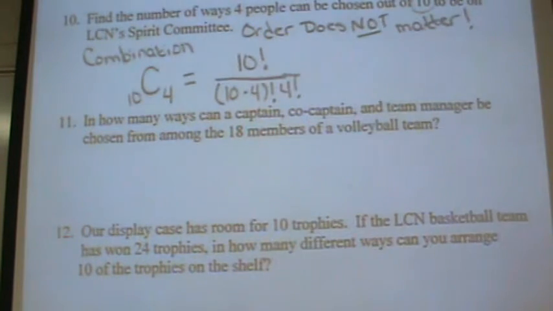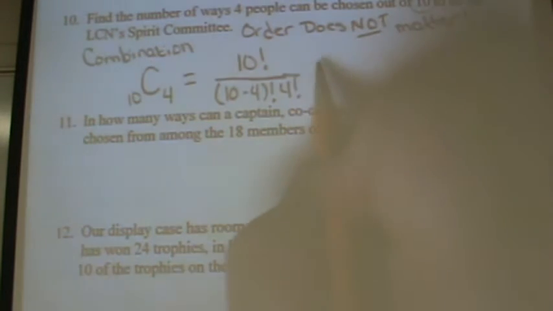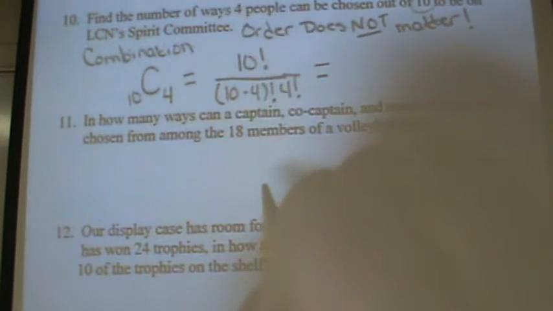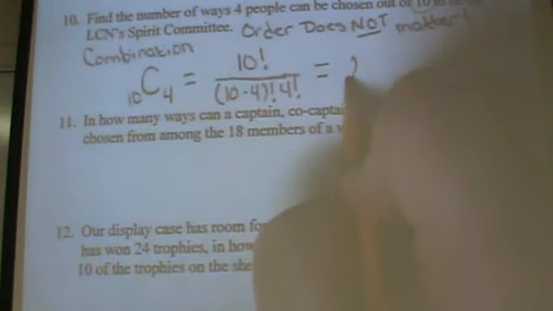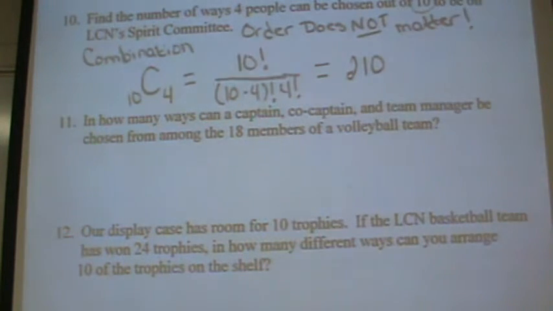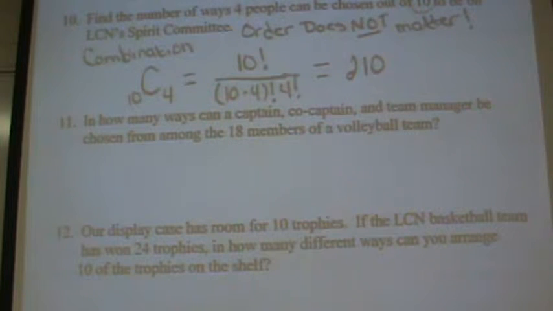So again, writing this in the fraction, you're going to have 10 factorial over 10 minus 4 factorial times 4 factorial. When you punch this into your calculator, it equals 210. So there are 210 different ways to choose 4 people out of 10.